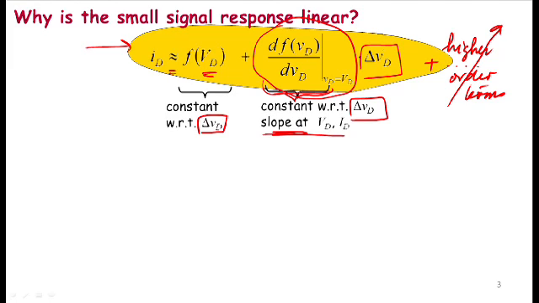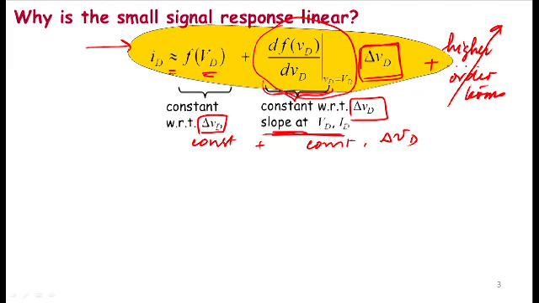So the first part is the slope of the function, and then that multiplies the small change. So what do I have? I have ID being equal to a constant plus constant times delta VD. So the slope here is independent of delta VD.